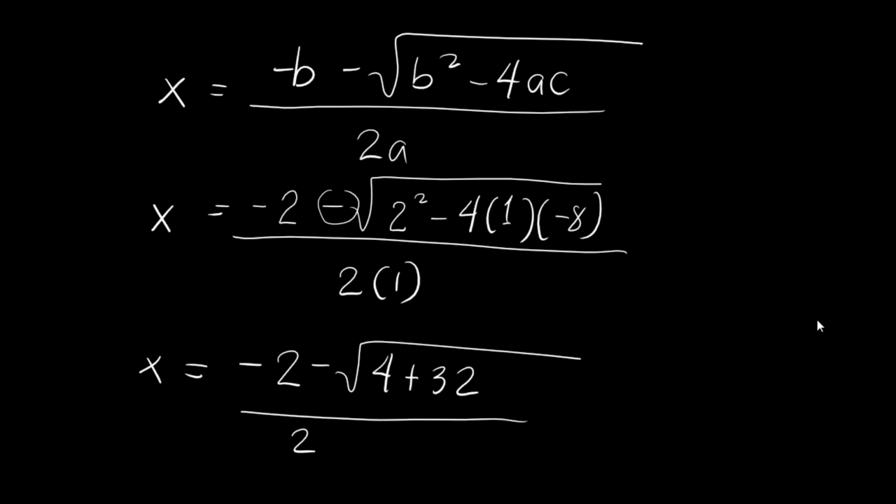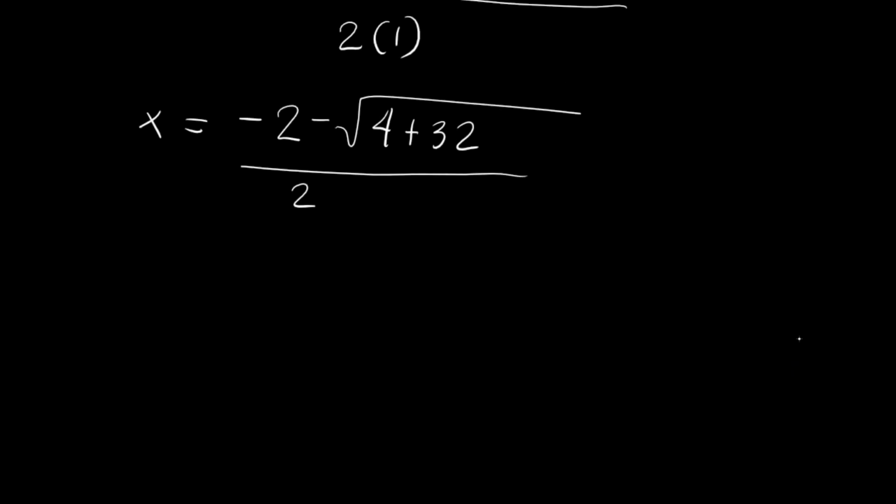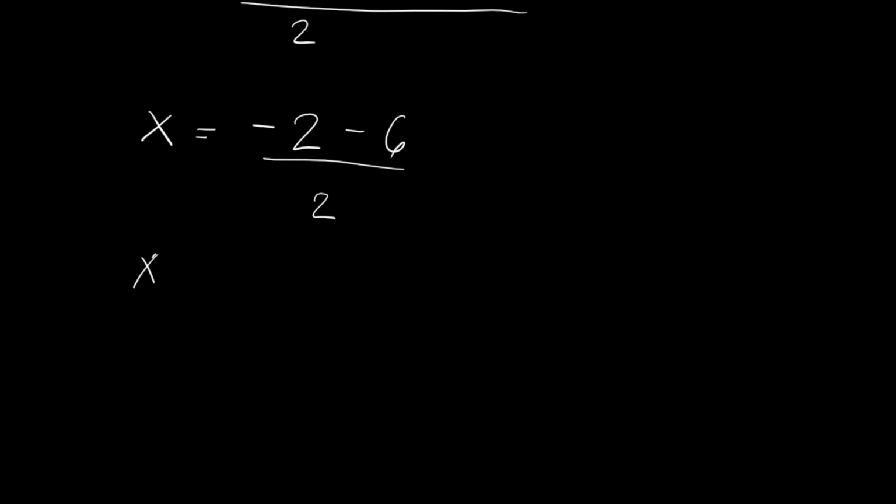Pero sinasolve lang ulit natin yan para step by step tayo. And x is equal to negative 2 minus square root ng 36 is 6. Tama? All over 2. Ngayon, malapit na tayo magkaroon ng pangalawang value ni x, which is x is equal to negative 2 minus 6 will be negative 8 all over 2.